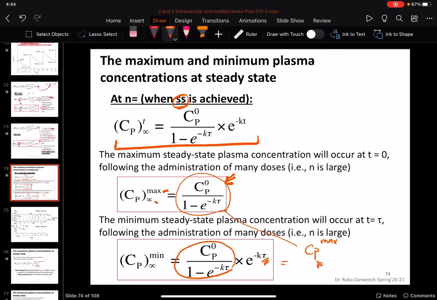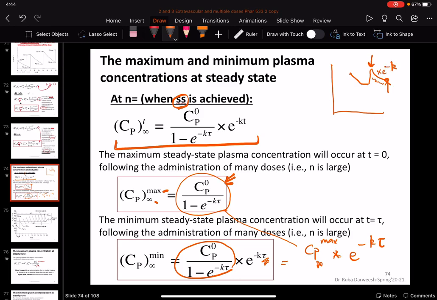Which is this, multiplied by minus k with time, which is common sense, because at each dose at the steady state, this concentration would be this concentration multiplied by the exponent term that caused this decrease, right?